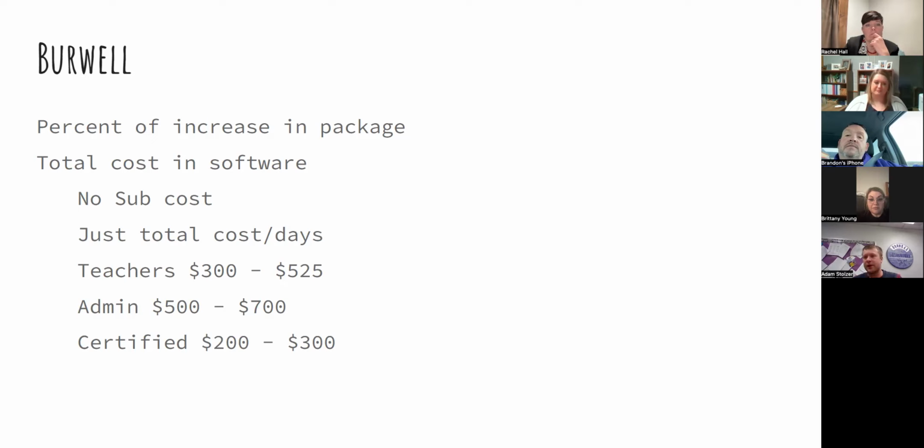Is everybody around the same percent, or are your teachers getting 3%, your classified staff getting 2%, and administration getting 10%? You're going to have a lot of cultural problems when it comes around there. So that's a big thing that we look at. We track that very, very much so.